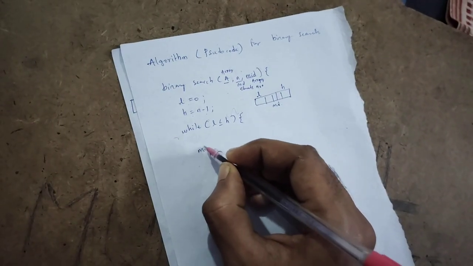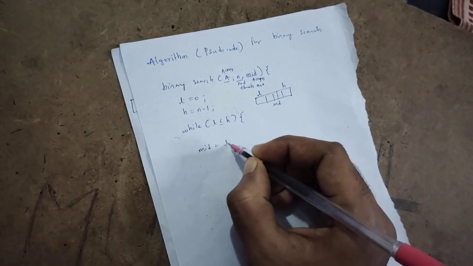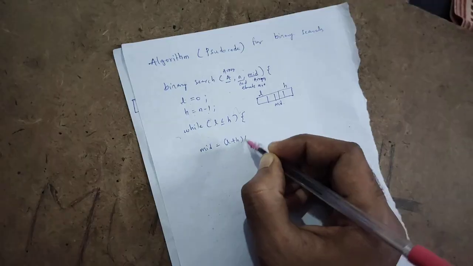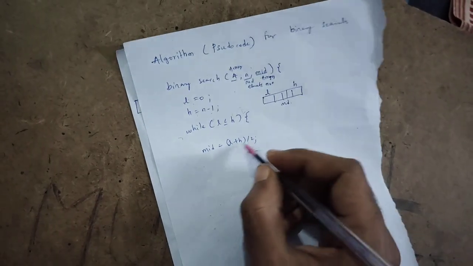To find mid: mid equals floor of (L plus H) by 2. This is the mid value.